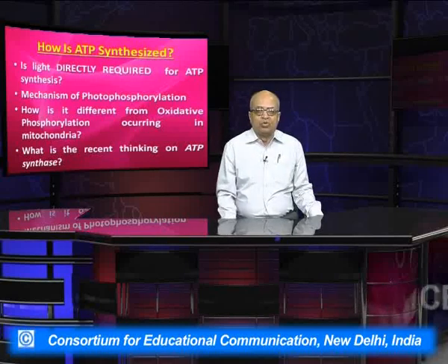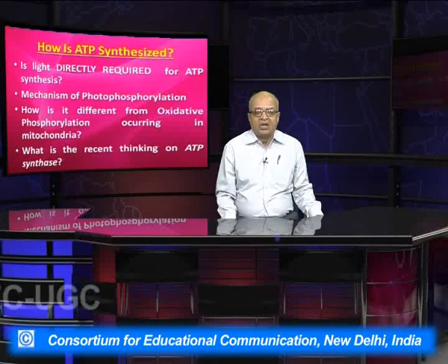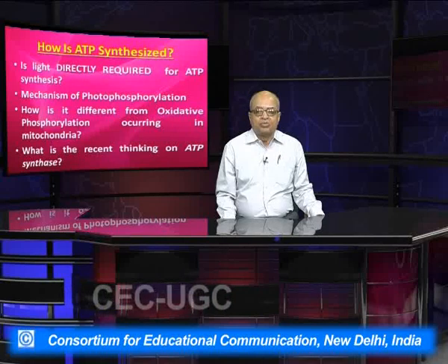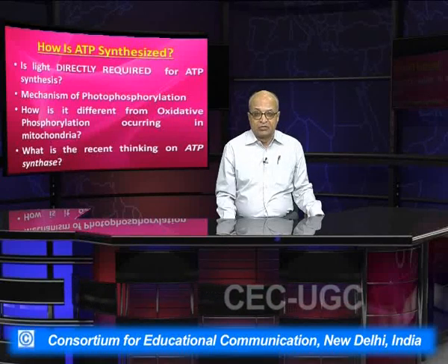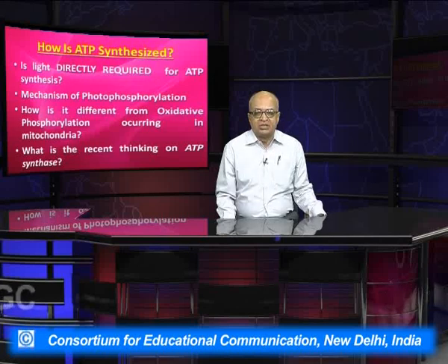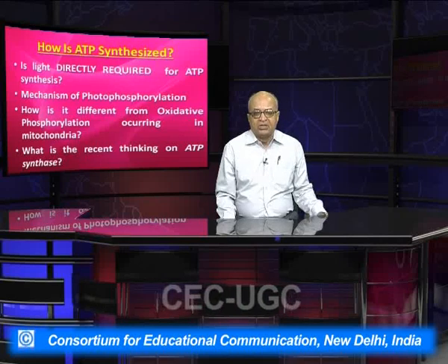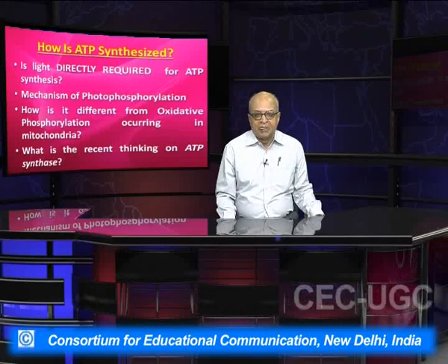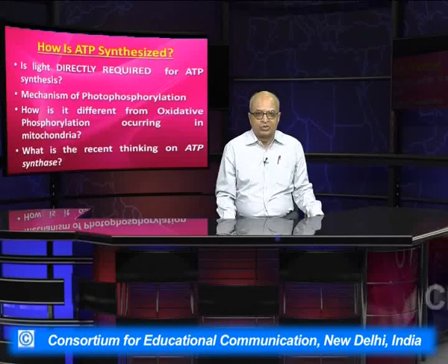Let us come to a more serious question now, so that there should not be any need to contradict ourselves when we make a statement that photophosphorylation is the generation of ATP in the presence of light, which gives us a very logical question.